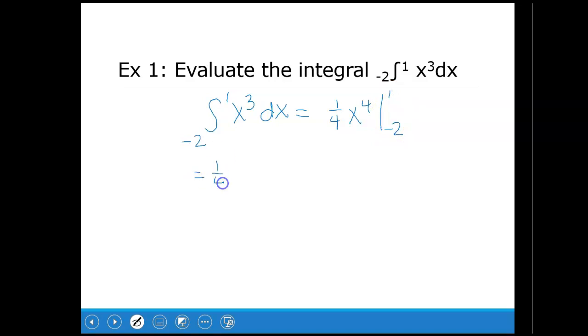Plug in our 1. Plug in our -2. So I get 1/4 minus, 2 times 2 times 2 times 2 is 16. So you get -15 fourths.